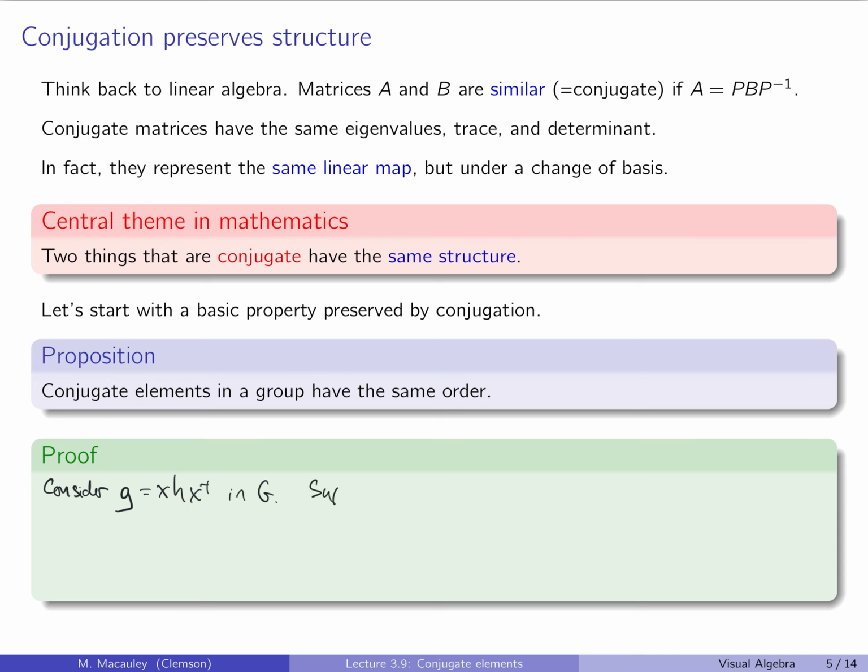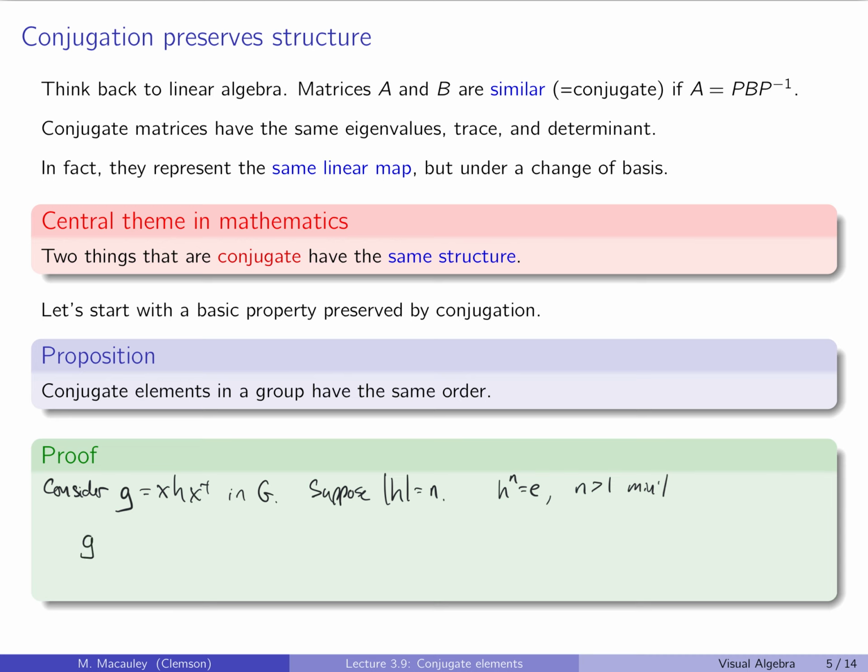And let's suppose that h, the order of h, is equal to n. So what that means is that h to the n is equal to the identity, and n is minimal for which that happens.